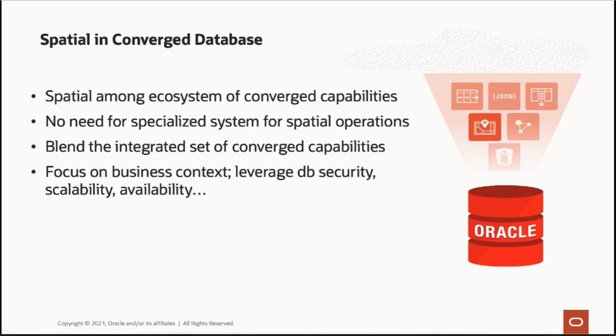That includes, in addition to spatial, things like graph, native JSON representations, columnar data stores, native REST enablement, and so on and so forth. And the beauty here is that each of those multi-model capabilities is not built through a separate specialty database. They're all part of the Oracle database, and again, in particular, Oracle Autonomous Database. So the power of spatial really is amplified when you bring it together and integrate it with these other converged capabilities.